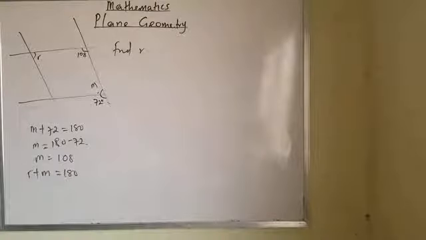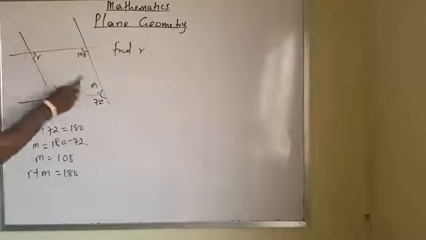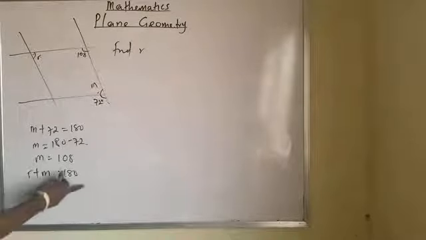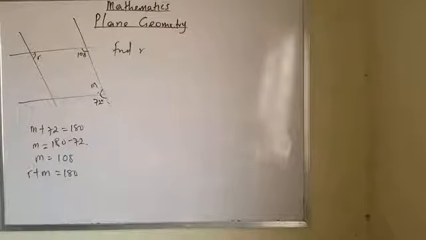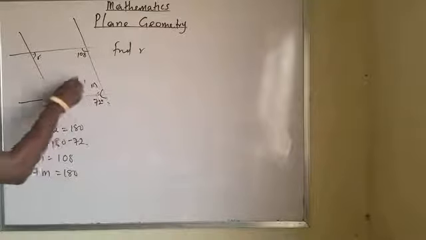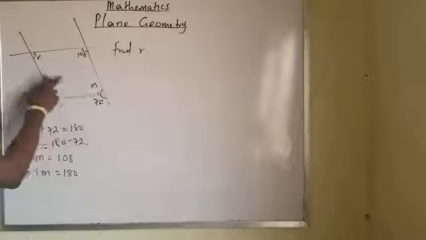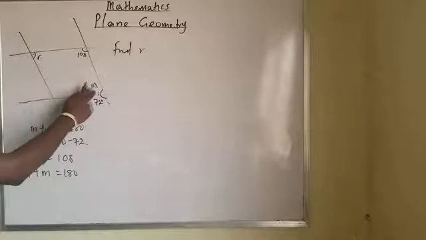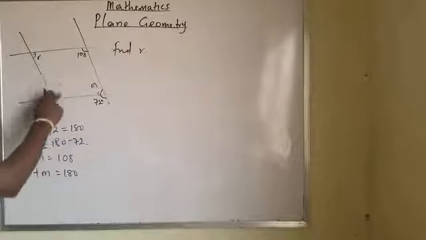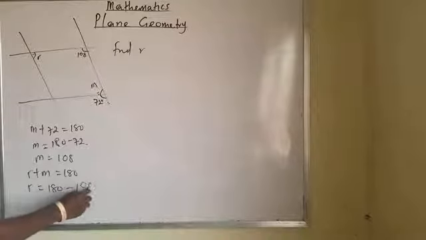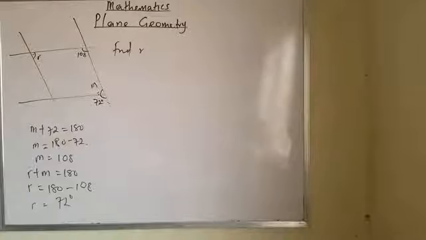That is very, very important. The two opposite angles on a cyclic quadrilateral sum to 180. It means my R is 180 minus 108, which is 72 degree. That is my R. That is very straightforward.